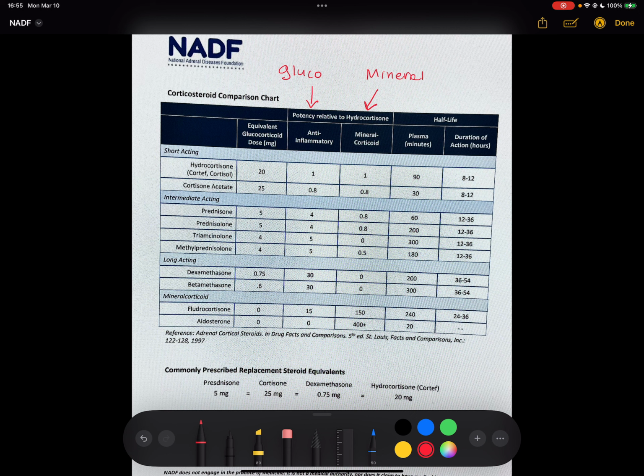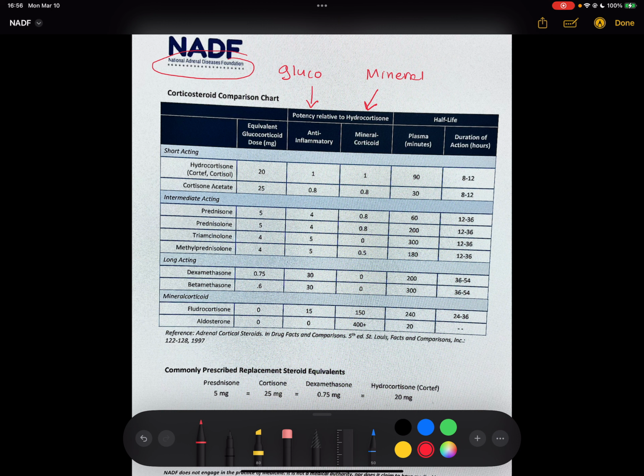This is actually a comparison chart that the National Adrenal Diseases Foundation, or the NADF, put out. And I think it really helps highlight and helps us understand the different types of activity that we see with a variety of corticosteroid agents that might be used in a therapeutic setting in the emergency or intensive care setting.